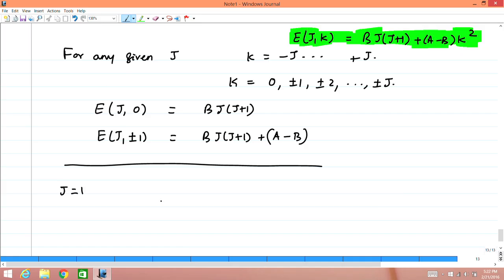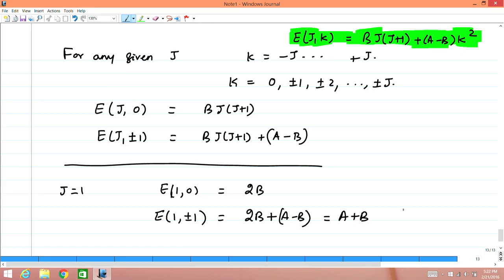So, let us now write the energy levels for J equal to 1 to start with, which is the non-trivial case. Therefore, E_10 is 2B, and E_1,±1 is 2B plus A minus B, since K squared is 1, therefore that is A plus B. And please remember, A is greater than B, therefore A plus B is greater than 2B.